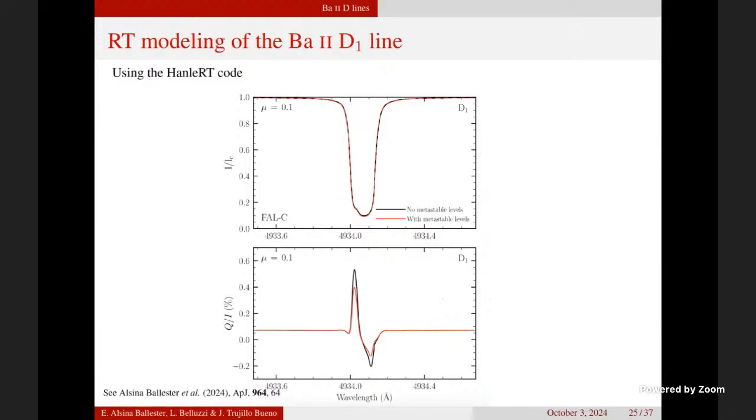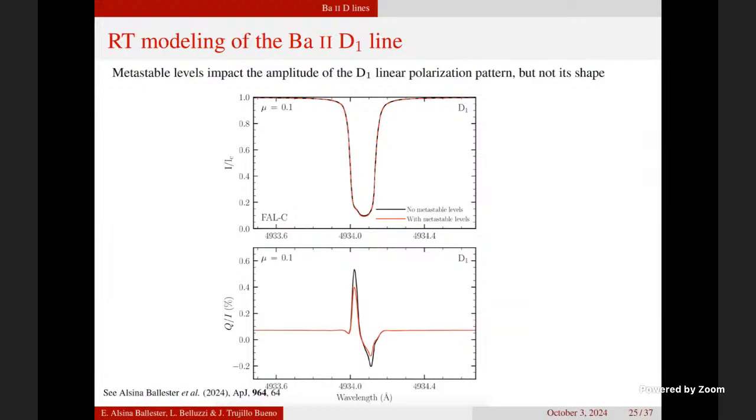And here I show you the results in intensity and in linear polarization, both accounting for metastable levels and neglecting them. The metastable levels play a negligible role in intensity, while in the linear polarization, the scattering polarization, they do depolarize it, although they do not significantly affect the shape of the signals.